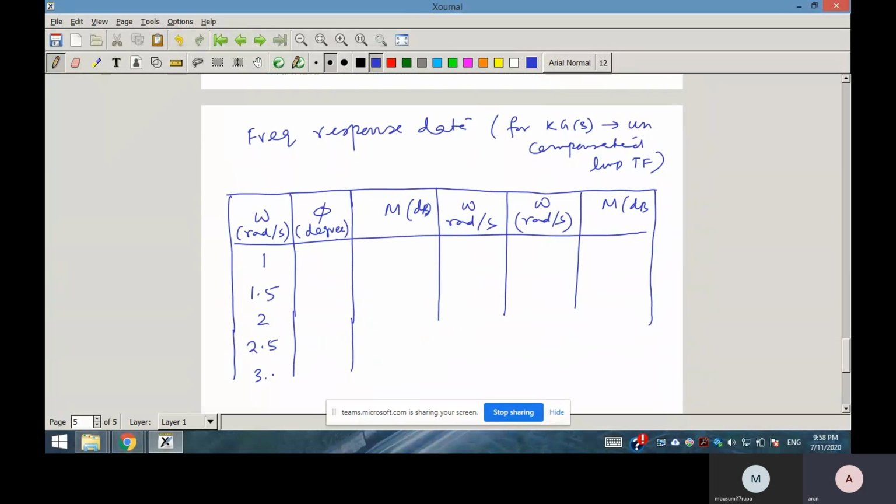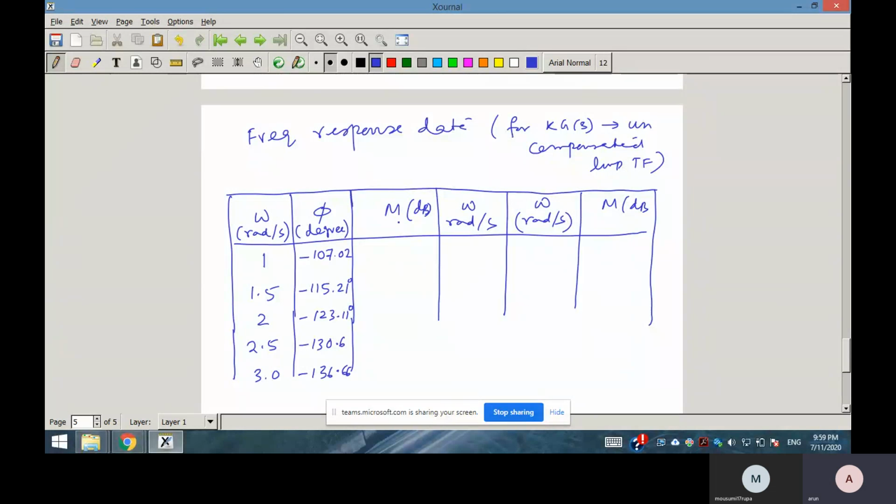Then 0.5 and 3.0. The phases are minus 107.02, minus 115.21 degree, minus 123.11 degree, minus 130.6, minus 136.66.